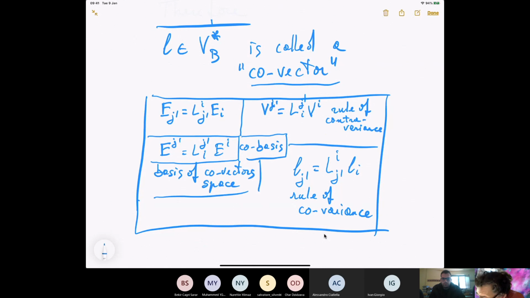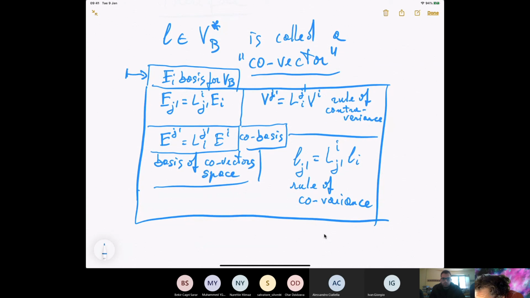So this is the e_i basis for V. So when you change the basis of V, you cause a chain reaction.